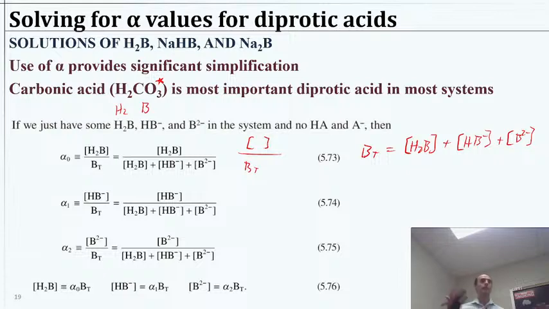Because each of these has 4 unknowns, right? Maybe we know the K, the equilibrium constant perhaps, but how do we put all these pieces together to get a solution to understand the speciation or the H plus concentration given all this mess? But here's the starting point: we know the definition of these alpha fractions.